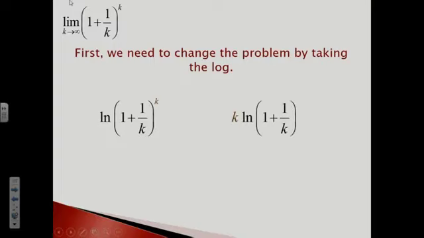By using the power rule for logarithms, it results in the product of k and ln of (1 plus 1 over k). We change the product into a quotient by dividing by 1 over k to obtain ln of (1 plus 1 over k) divided by 1 over k.